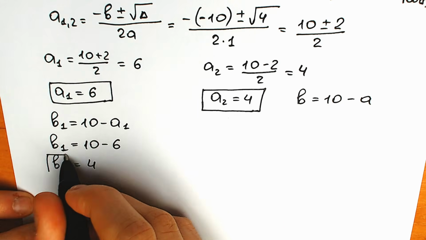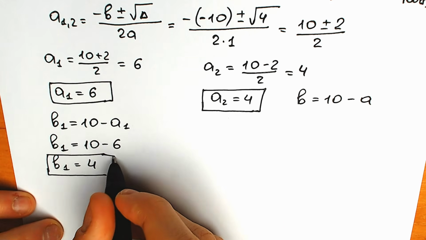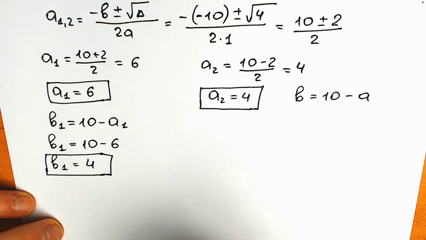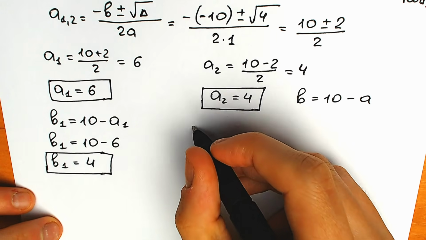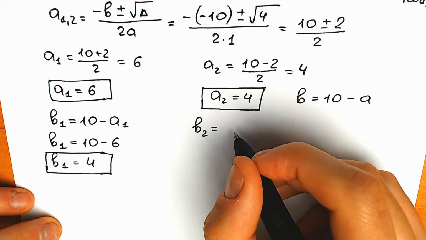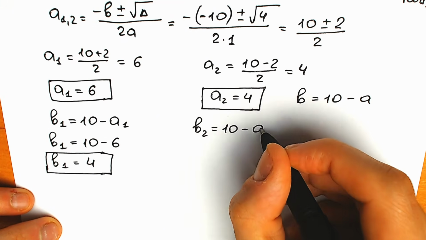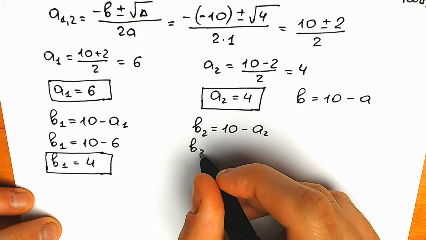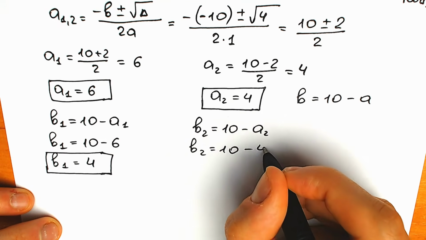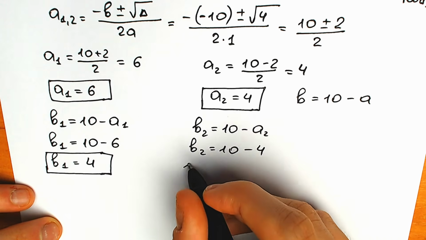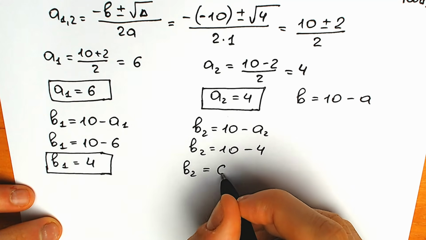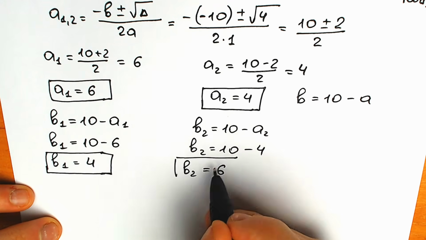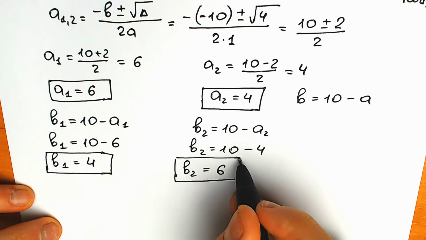We have our first pair: a first 6 and b first 4. Right now let's solve for b second equal to 10 minus a second. So b second equals 10 minus 4, which equals 6. And we have our pairs 6 and 4, and 4 and 6.